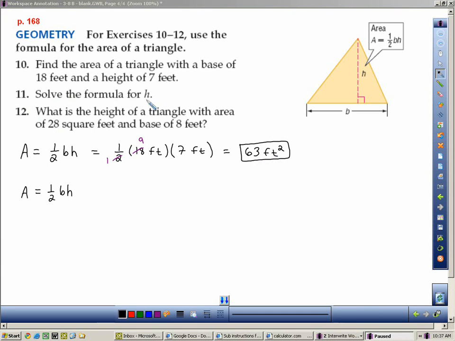Now question number 11 says to solve the formula for h. I'm going to do that by multiplying both sides by 2 because I want to eliminate the 1/2. So we'll get 2 times A equals, these 2's will cancel, b times h. The b is connected with multiplication, so I can divide.